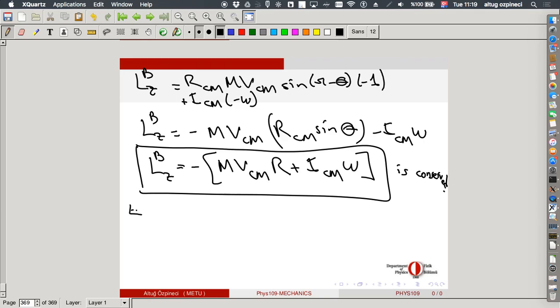Example. Omega initial is equal to, let's say, omega 0. V center of mass initial is 0. Now, after some time it will start rolling without slipping.